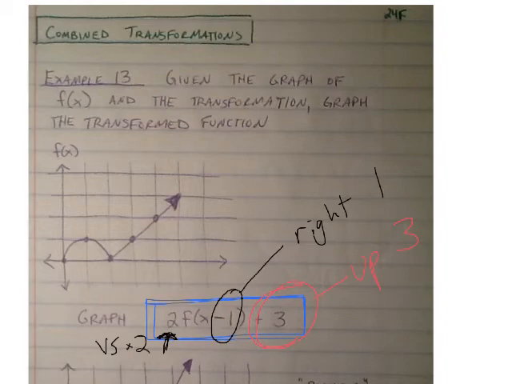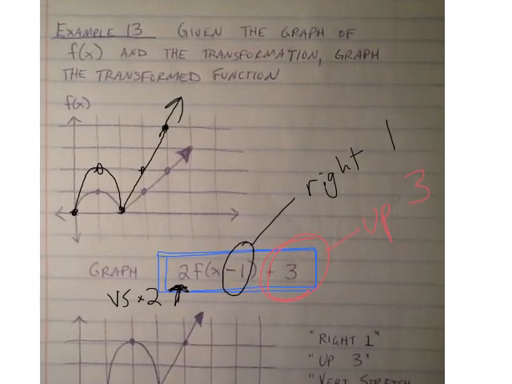So if I were to take this function and transform it, one thing I could say is, my vertical stretch by 2 is going to make it look more like this. I took all the coordinates that were key and I vertically stretched it by 2. And then I need to translate it 1 unit to the right and 3 units up.